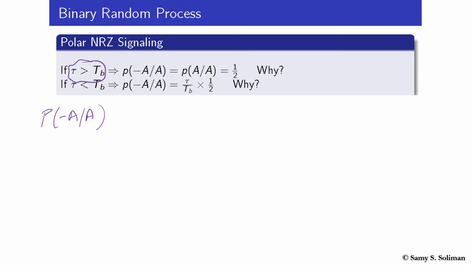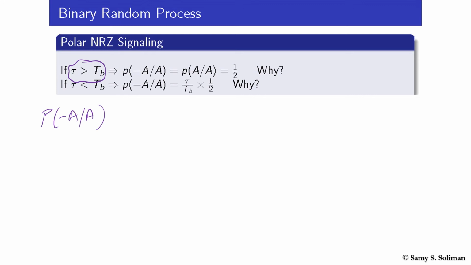Since they are two different bits, far from each other, separated by more than TB, there is no dependence between them. Of course, the stream of bits is characterized by the fact that individual bits are independent of each other. However, what assures us of this independence here is that tau is larger than TB, so both values are taken at different bits.